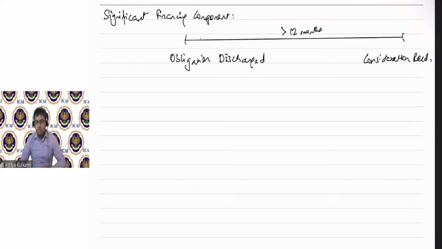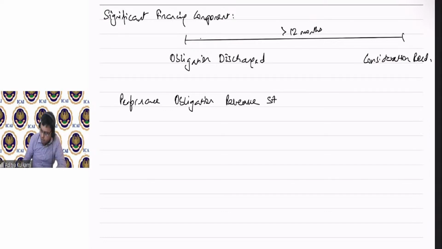So your significant financing component will have at the minimum two elements: the performance obligation revenue stream, plus the finance income or expense.